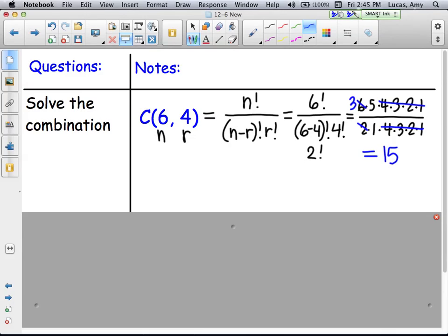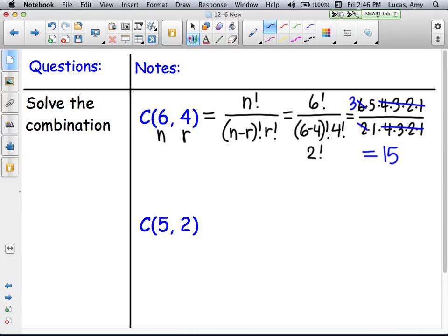15 combinations. Now, permutations typically give you large numbers. Combinations are much smaller than permutations because you're dividing by an additional factor on the bottom of the fraction. So that makes your answer smaller. One more combination. So 5 factorial over 5 minus 2 factorial times 2 factorial, n and r.